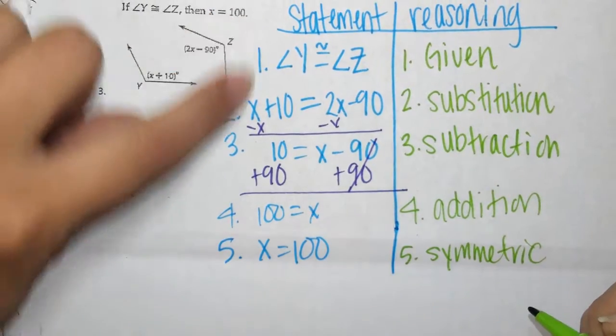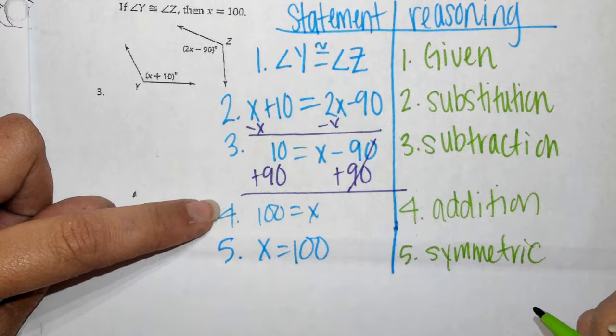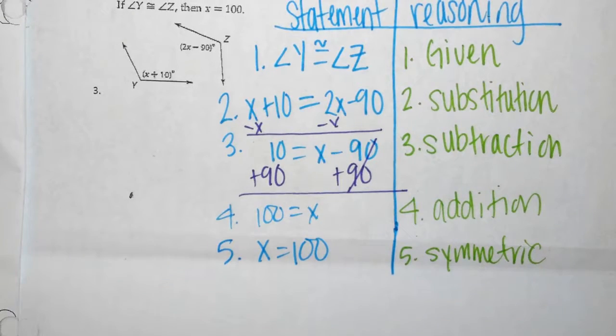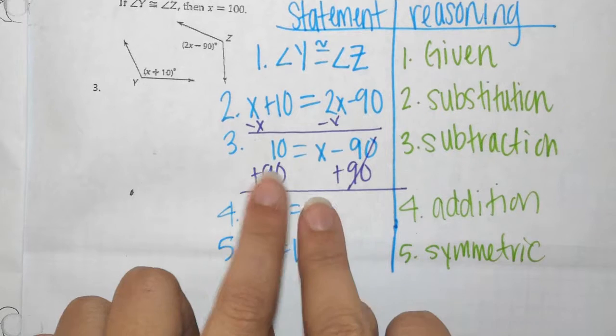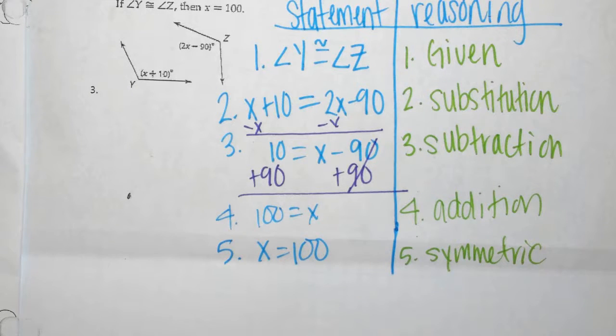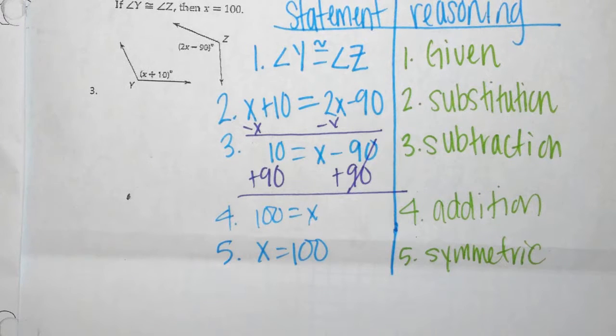All right. So did anybody get that right through number 4? Good job. I got the answer right, but I did it a different way. What did you do? I subtracted 10, and then I got negative x equals negative 100, and then I divided by negative. Awesome. Can I show yours on the board?